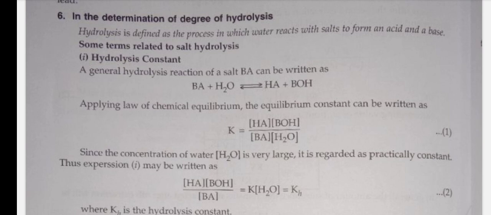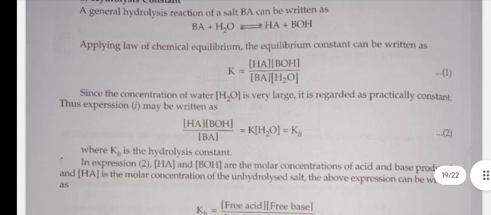In the determination of degree of hydrolysis, hydrolysis is defined as the process in which water reacts with salts to form an acid and a base. Some terms related to salt hydrolysis: hydrolysis constant. A general hydrolysis reaction of a salt BA can be written as BA plus H2O gives HA plus BOH. Applying the law of chemical equilibrium, the equilibrium constant can be written as K is equal to HA into BOH upon BA into H2O.